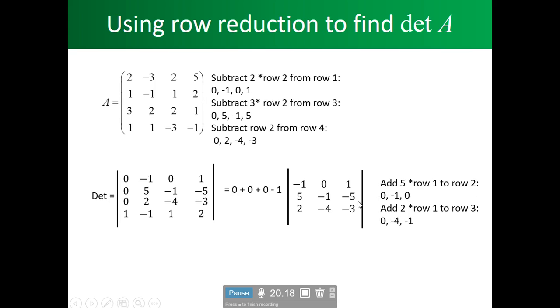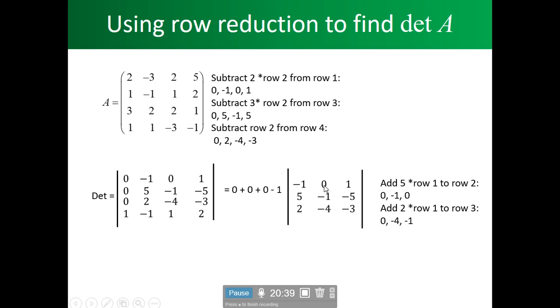Or we can reduce it again and get some more zeros. Yes, let's get some more zeros. Add 5 times row 1 to row 2. So if we multiply this by 5, a negative 5 and a 5 gives us what? 0, another 0, excellent, there we go.